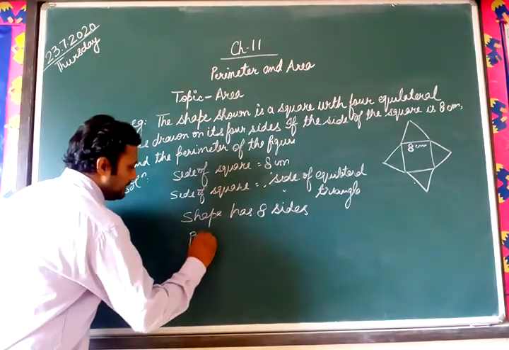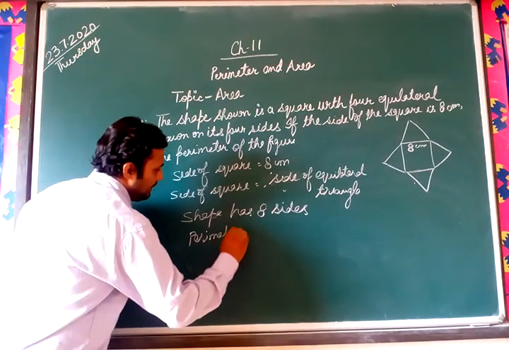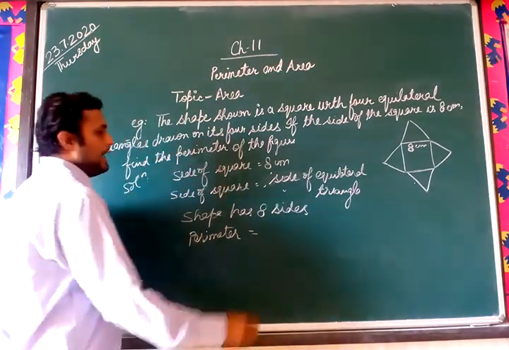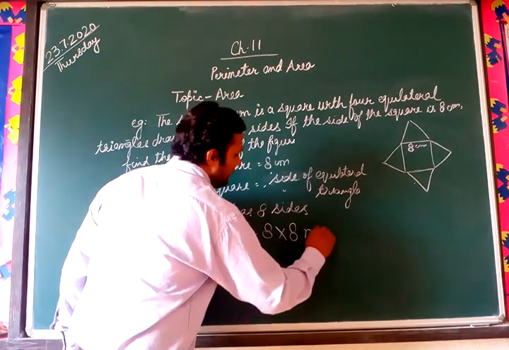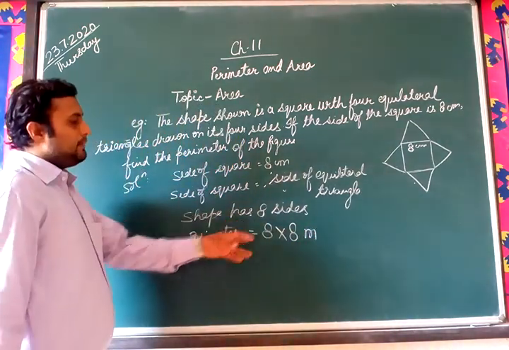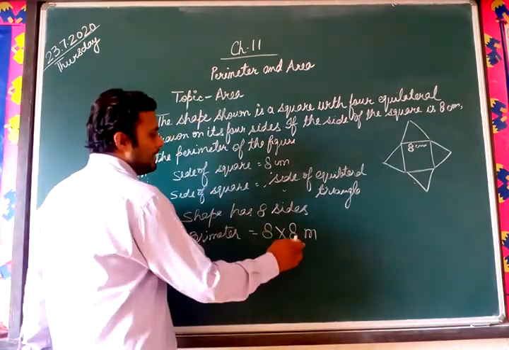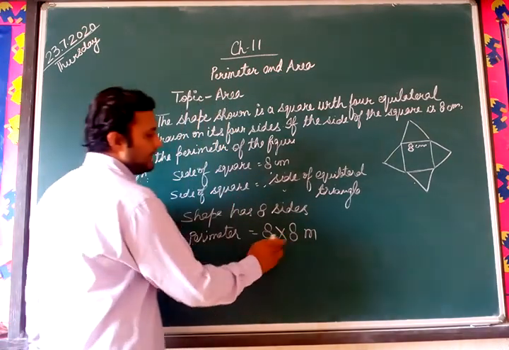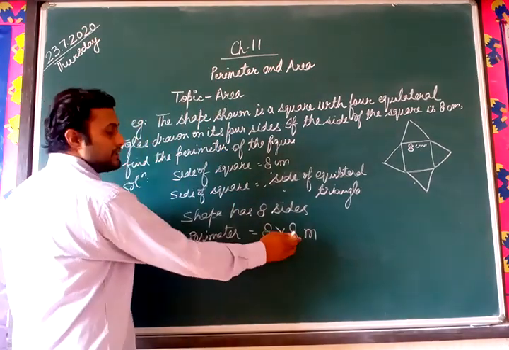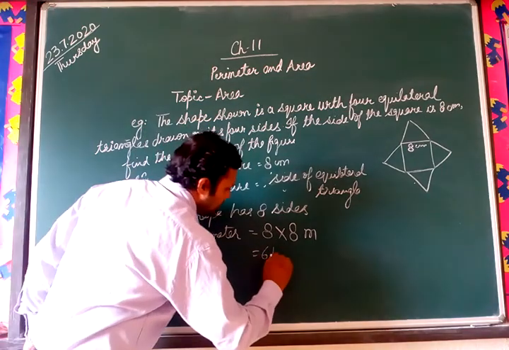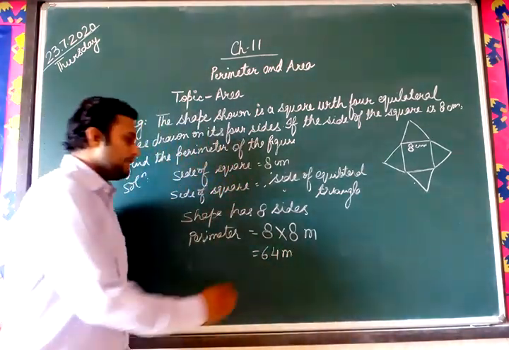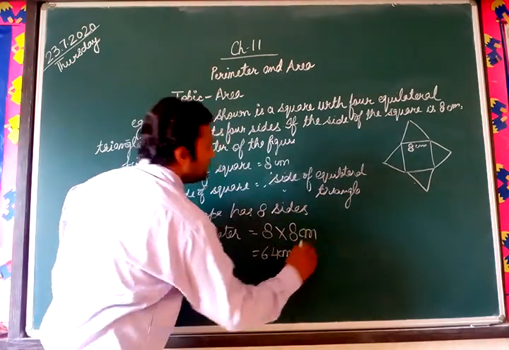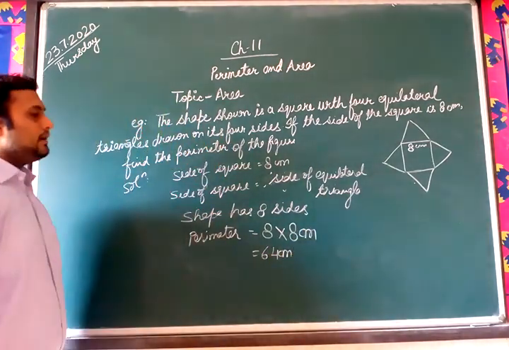So the perimeter is 8 sides multiplied by the side of the square, 8 sides multiplied by 8. So 64 centimeter is the answer.